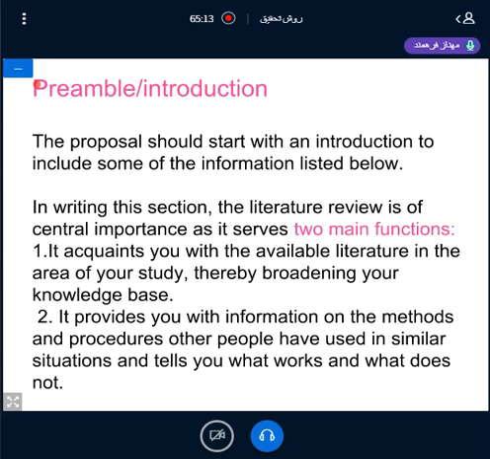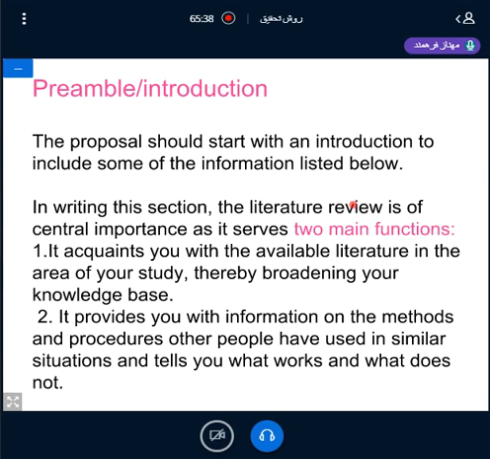One, it acquaints you with the available literature in the area of your study, thereby broadening your knowledge base. Two, it provides you with information on the methods and procedures other people have used in similar situations and tells you what works and what does not.